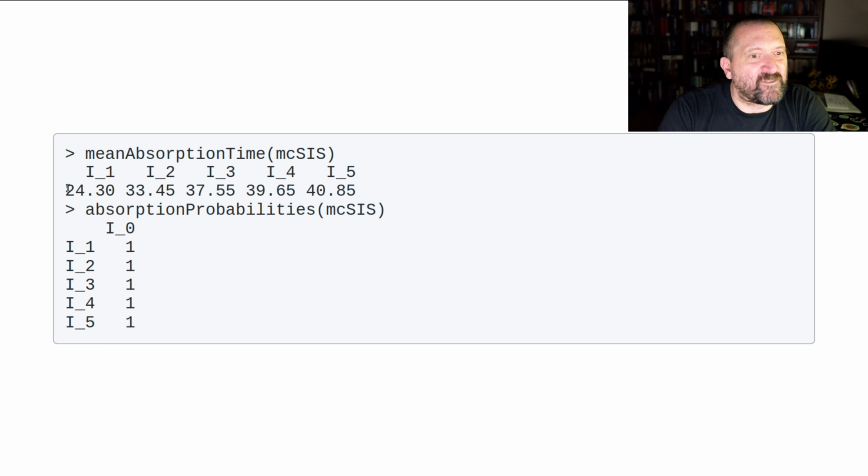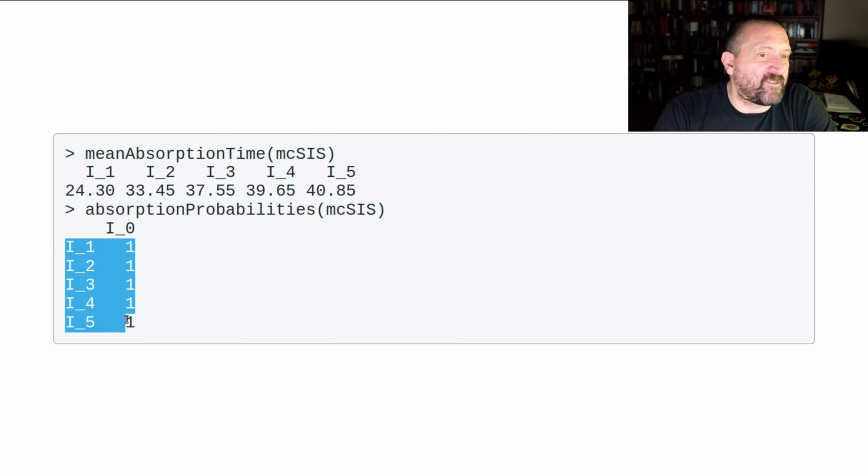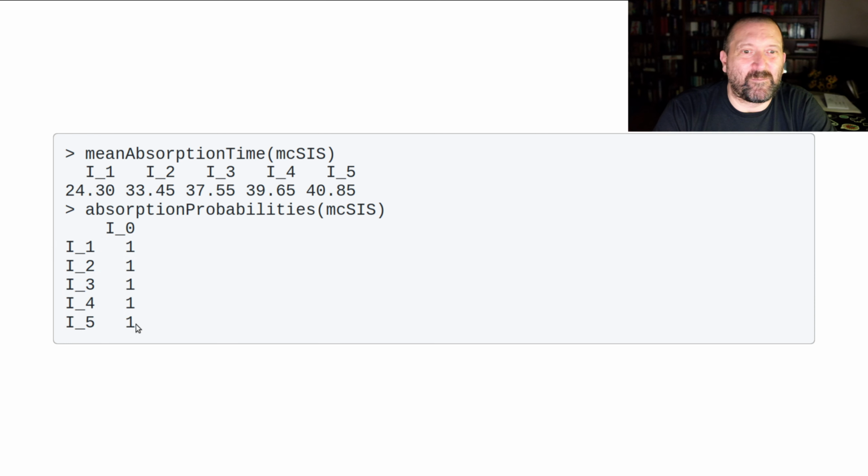It will take on average 24 steps before I'm absorbed, which means that I'm much more likely to go right than to go left. Absorption probabilities: of course, there's a single absorbing state, I0, and with probability 1, all the transient states are going to end up there.